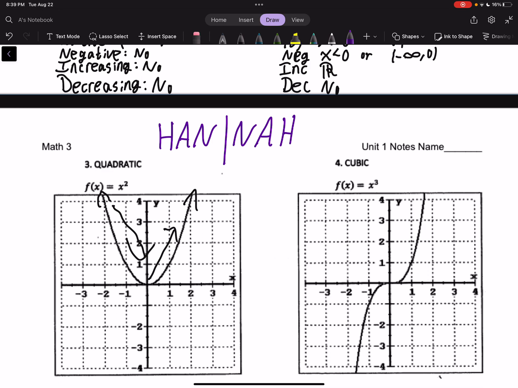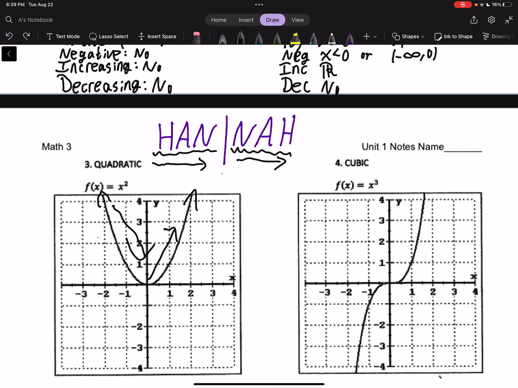If I asked you now what this said, you would say han. And if I asked you what this one said, you would say nah. That's correct. You read it from the left to the right. Han, nah. You do not say that this is nah.